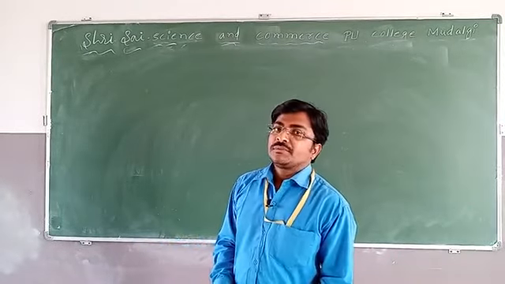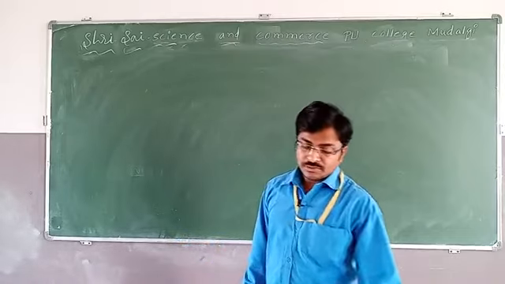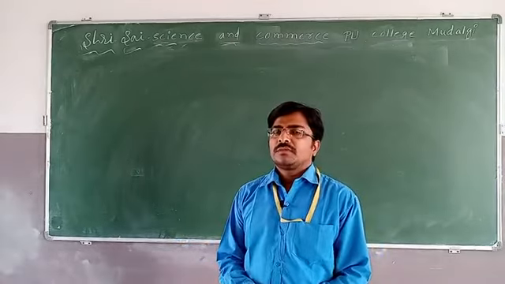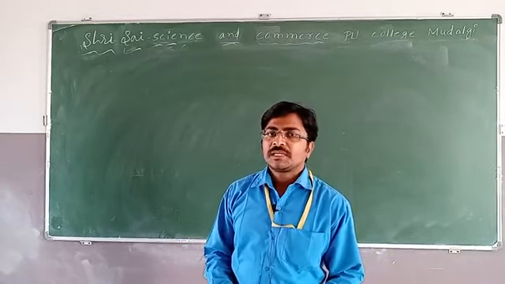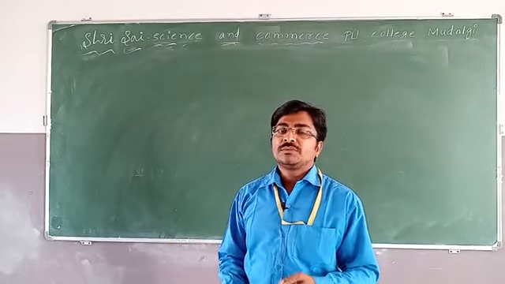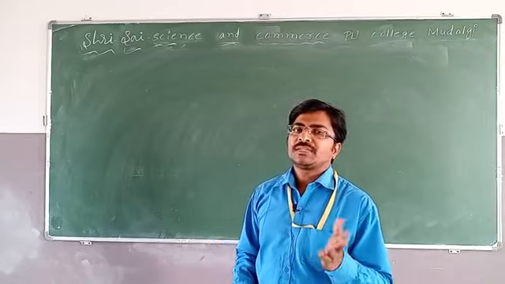In the previous lecture we were talking about the Lorentz force. Lorentz force is the force experienced by a moving charged particle due to both the magnetic field as well as the electric field.